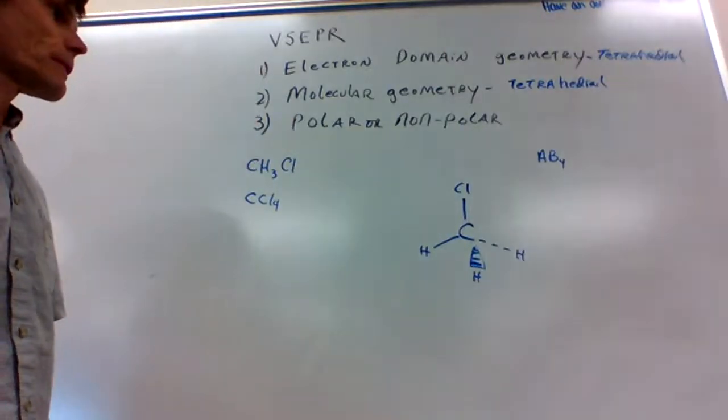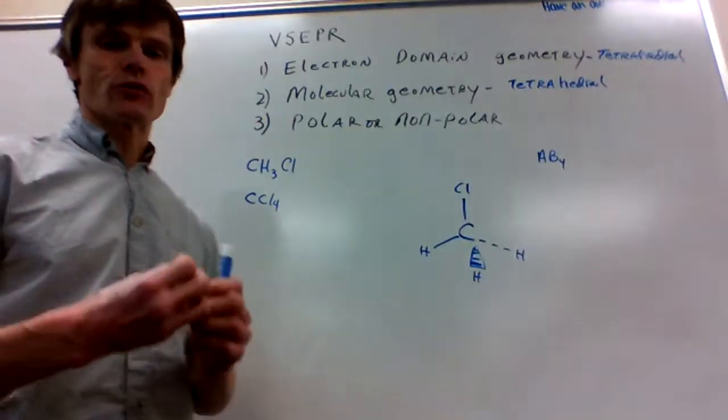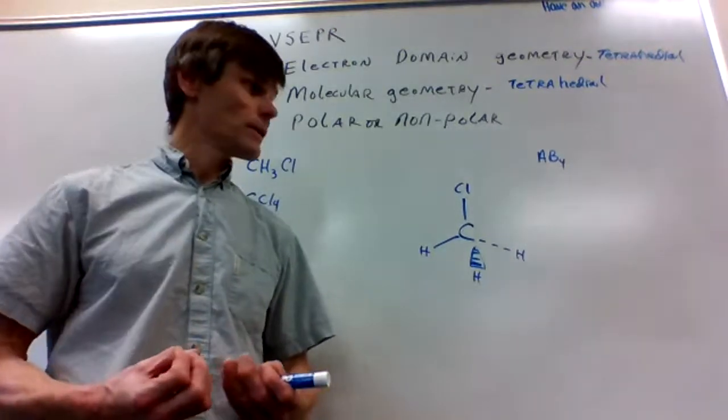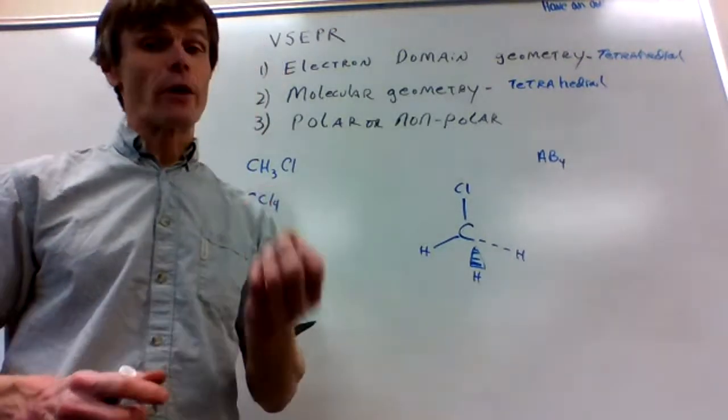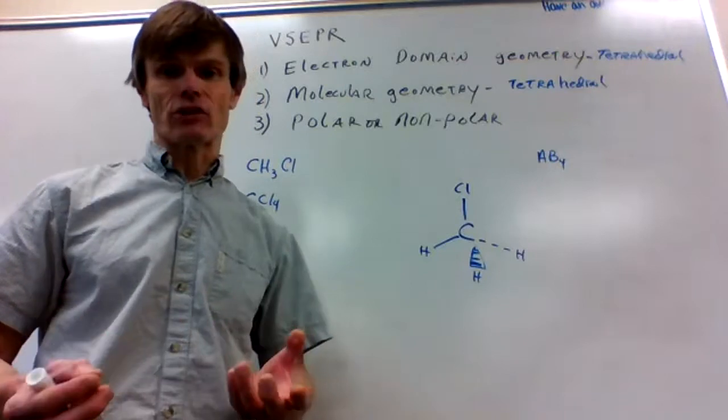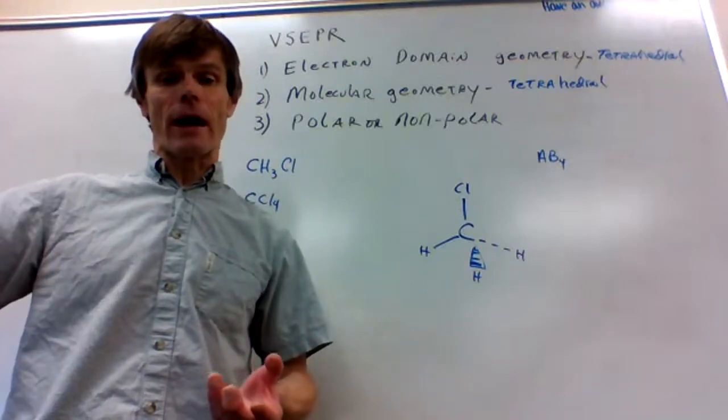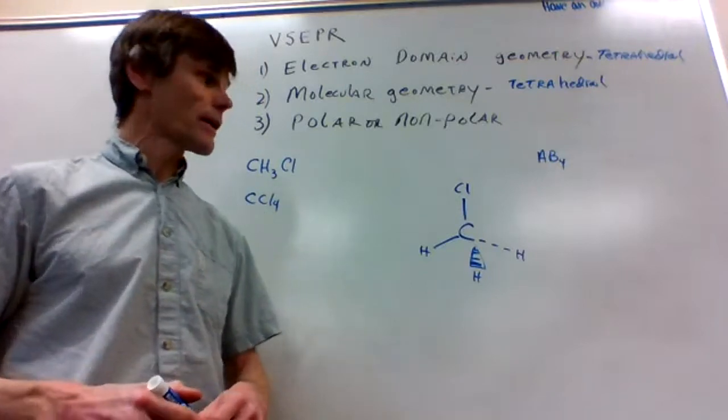So let's think about distribution of electron density. Chlorine is very electronegative. It's a halogen. It sits on the far right-hand side of our periodic table.